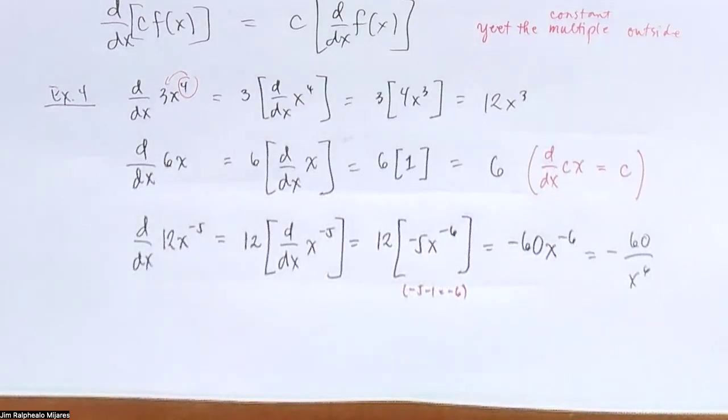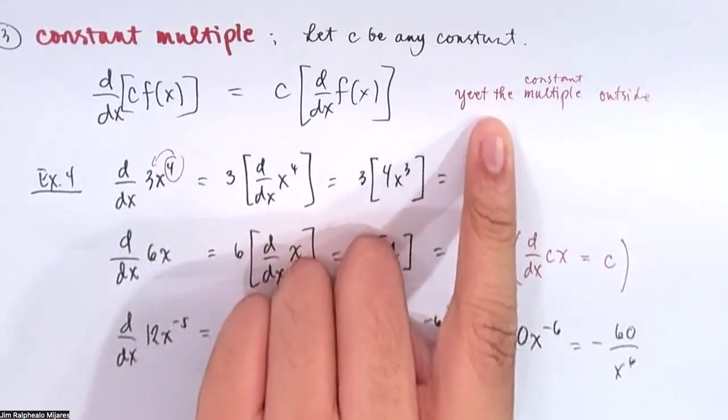All right? So that's the constant multiple rule, meaning you can yeet the constant multiple outside.